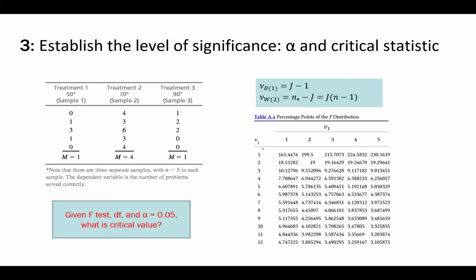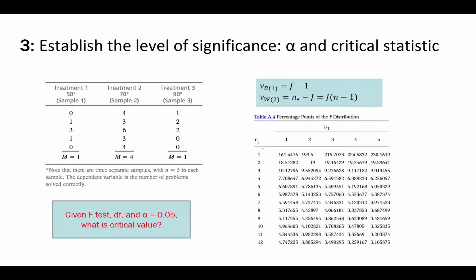You use the F table. F tables are available in most textbooks. And the F critical statistic requires 2 degrees of freedom. It requires 2 degrees of freedom because it's a ratio. Each of the terms in the ratio, the numerator and the denominator, is a mean square. Each mean square or variance has its own degrees of freedom.